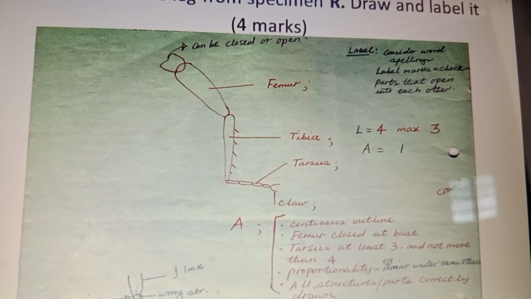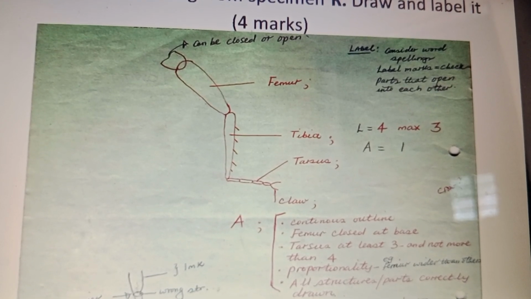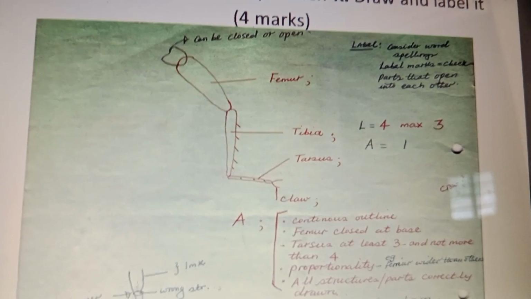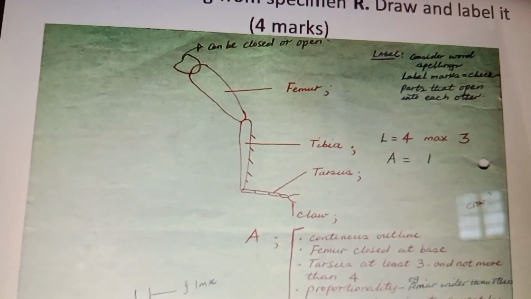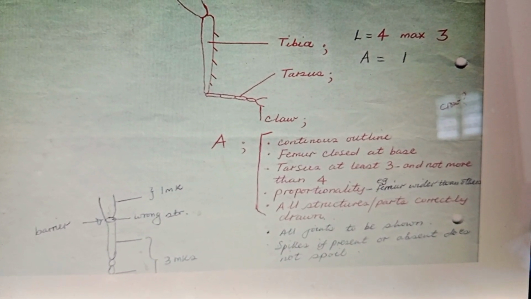Then we have the femur, we have the tibia, we have the tarsals, and we have the claw. For the accuracy mark, again, we go closer and turn this thing like that.